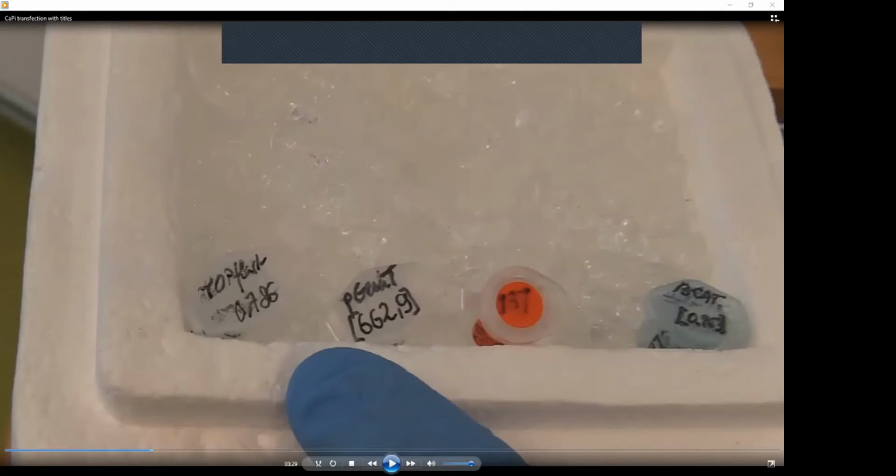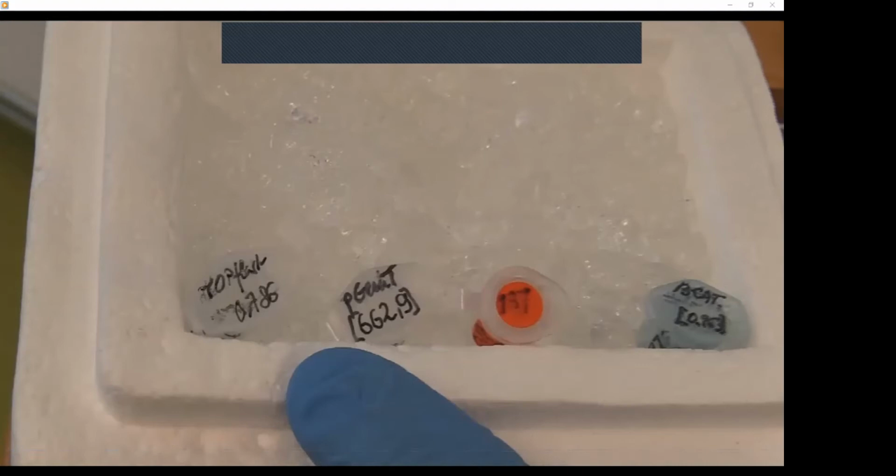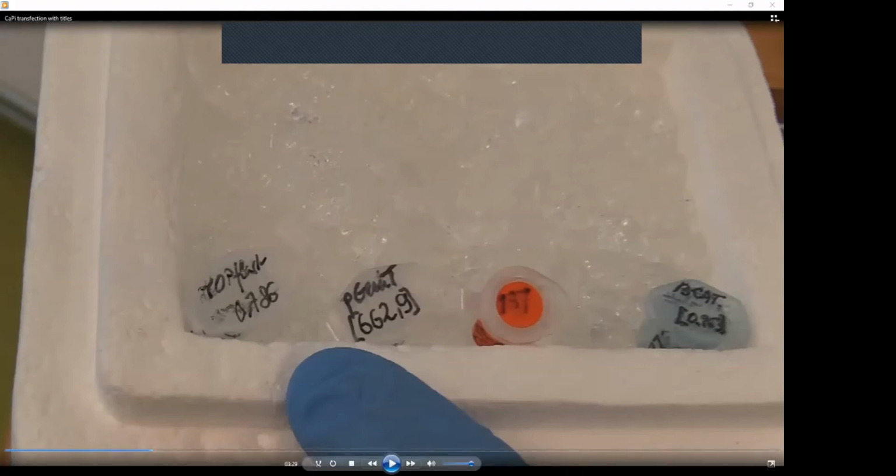Then we have one DNA which is called PHOSPHATE. This is an empty plasmid DNA vector, and we use this for all control samples where we don't do overexpression of our particular DNA. And in this case, we complement the amount of DNA, so the micrograms of DNA, which we use for the transfection with TIS7.